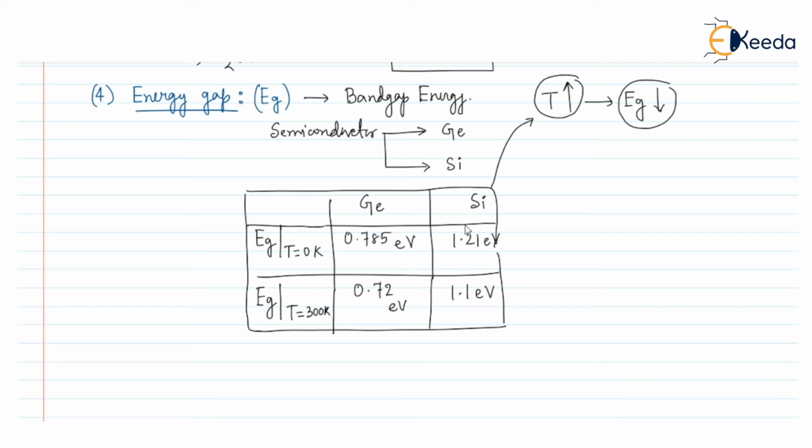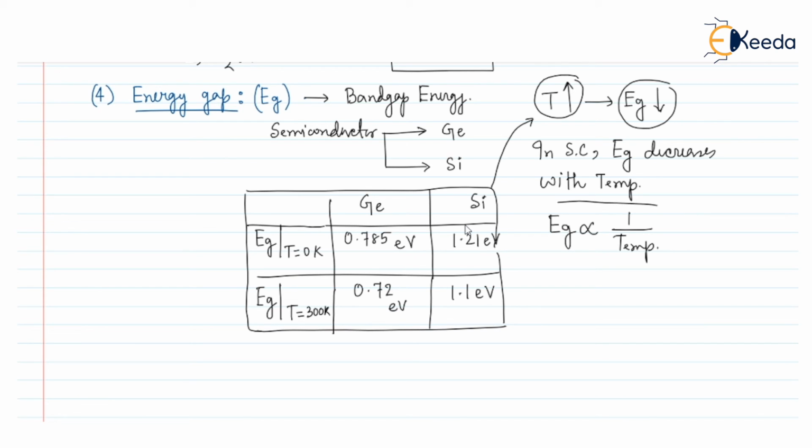So we can say that in semiconductors, the Eg value decreases with temperature. That is, Eg value is proportional to 1 by temperature.